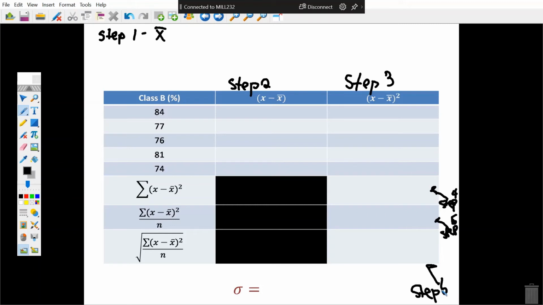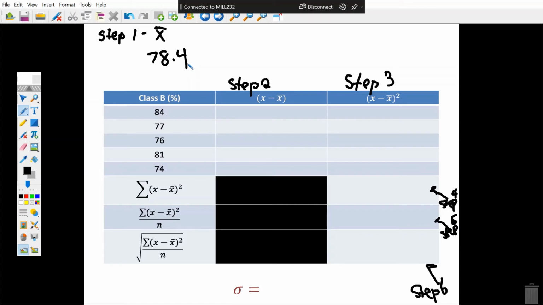All right, I'm going to start working it out. 84 plus 77 plus 76 plus 81 plus 74 is 392 divided by 5. The mean here is 78.4. Okay.